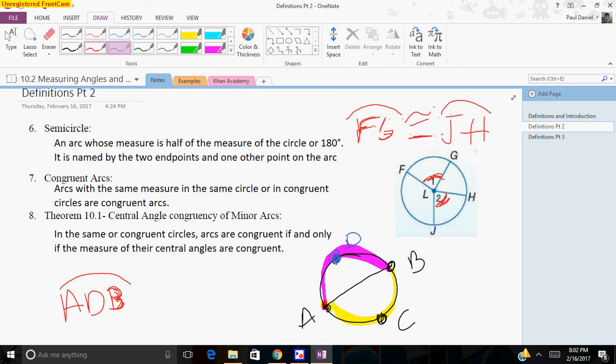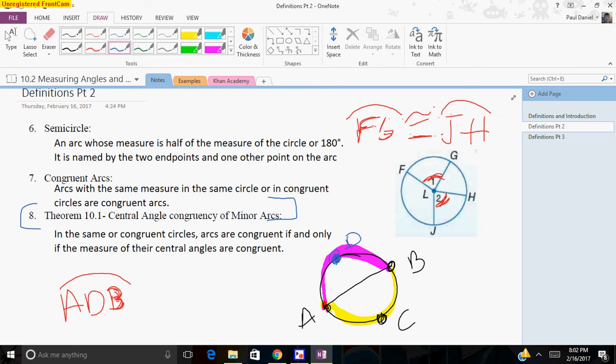Alright, and then we have a theorem that goes along with this. This theorem is called the central angle congruency of minor arcs. Basically, what they're saying is in the same or congruent circles, arcs are congruent if and only if the measures of their central angles are congruent.